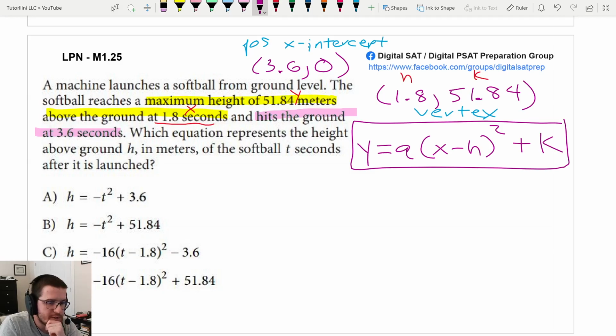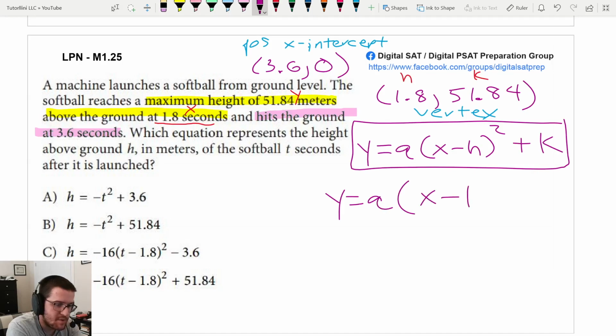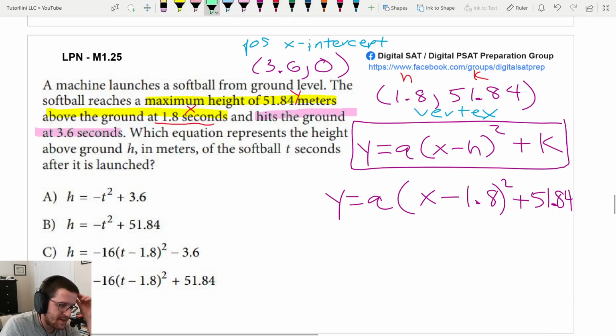Okay, so we have 2 points. So we are now going to put this into vertex form. So y equals a(x minus h) squared plus k: y equals a(x minus 1.8) squared plus 51.84. And right away, this is already looking like answer choice D. There's not really anything else it can be.